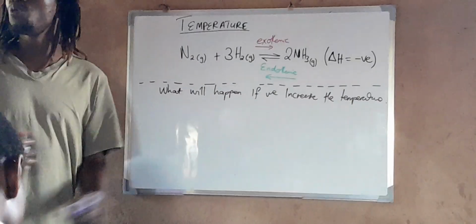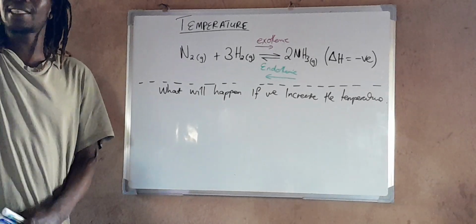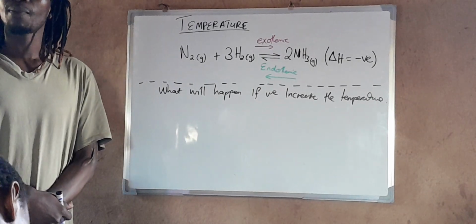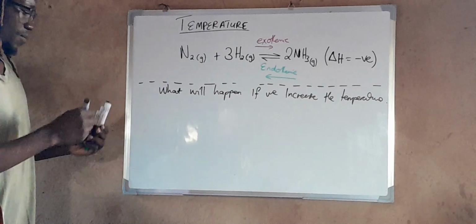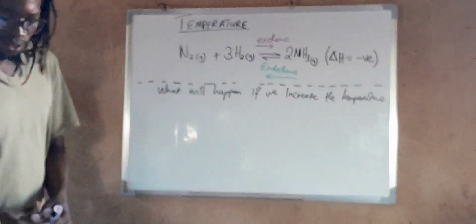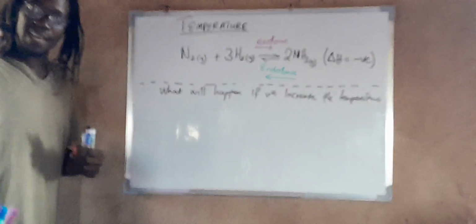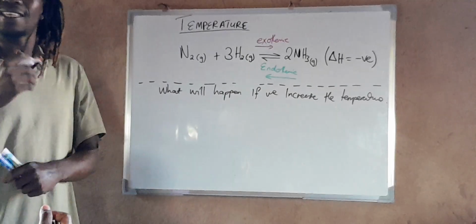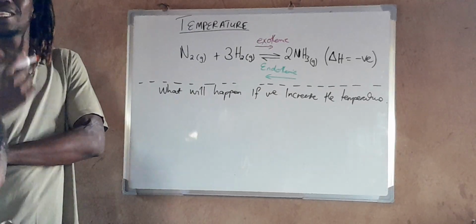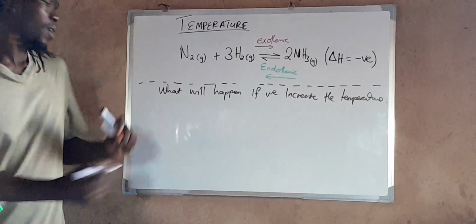Right? So it means that you are placing a beaker there and you are starting to increase the temperature, right? So what will happen to this system? So it means that increasing the temperature will increase the heat in the system, right? Yeah. So let's start.